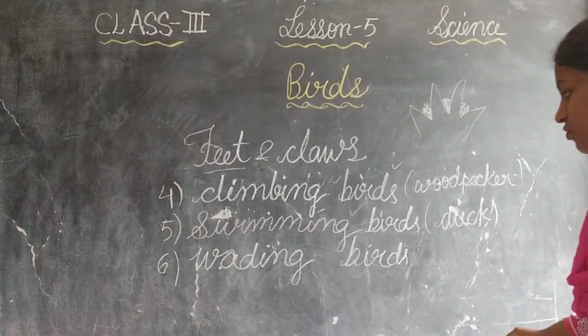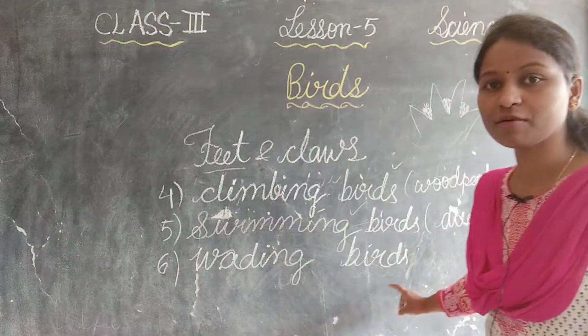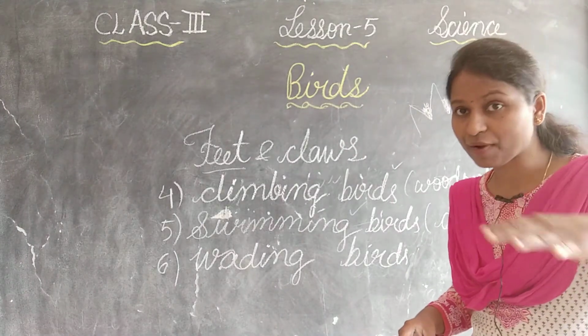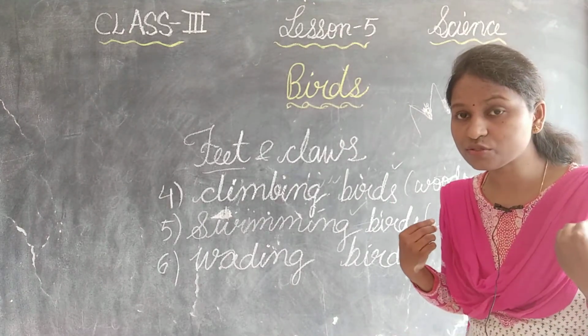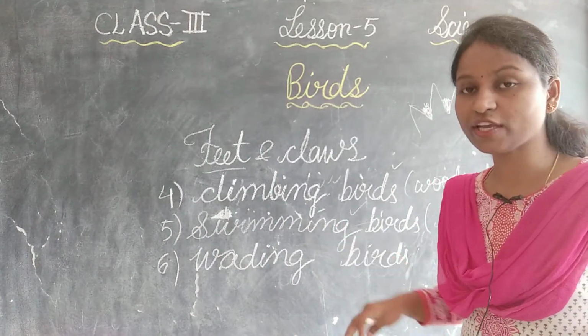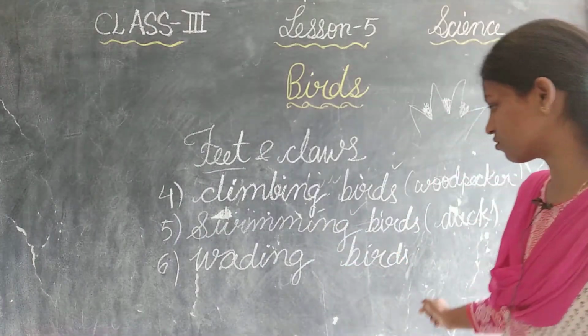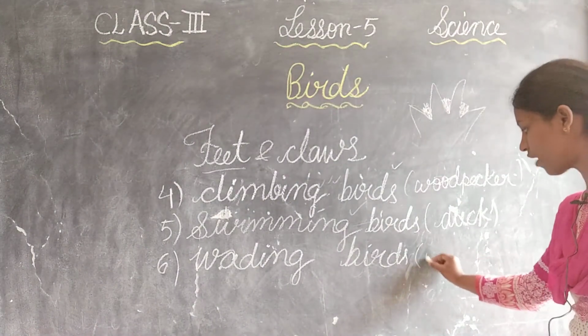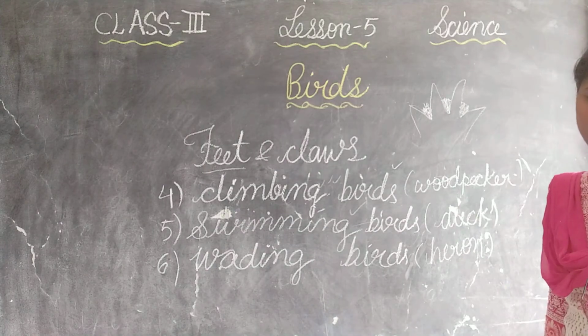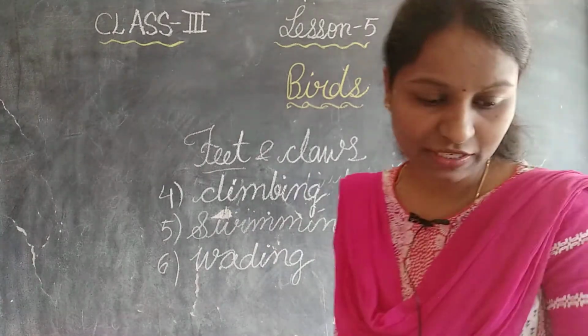Next one is wading birds. They have long and slender legs which are spread out, and whenever they go into muddy water they can go in without getting wet. These are herons and cranes, examples of wading birds. So this chapter has been completed.